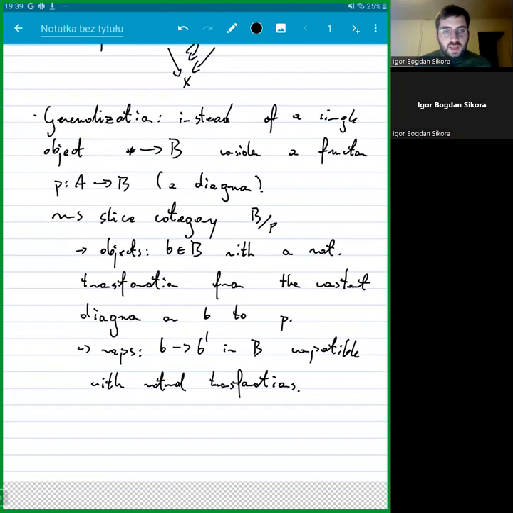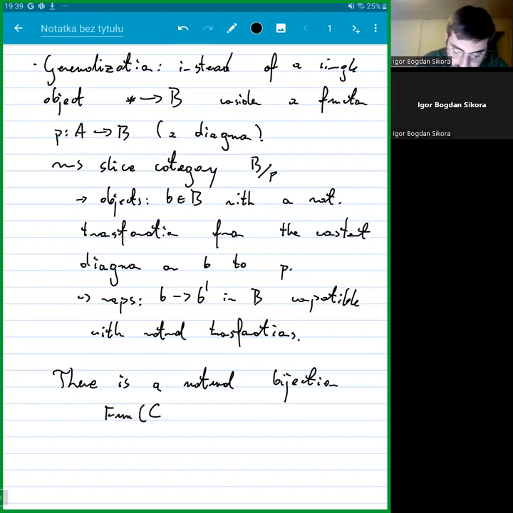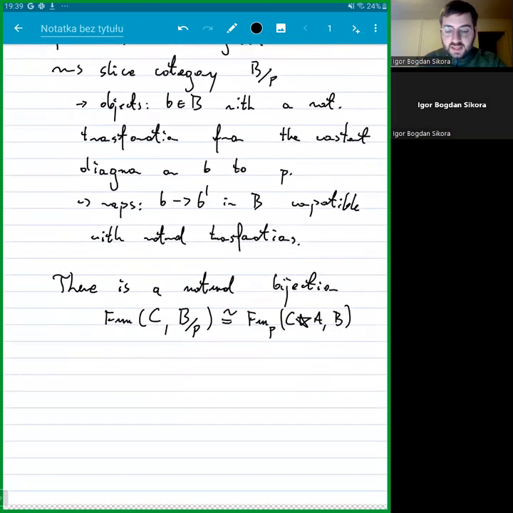Now there is a natural bijection between functors from the category C to the slice category over the functor P, and functors over P from the join of C and A to B. Let me explain the right-hand side.